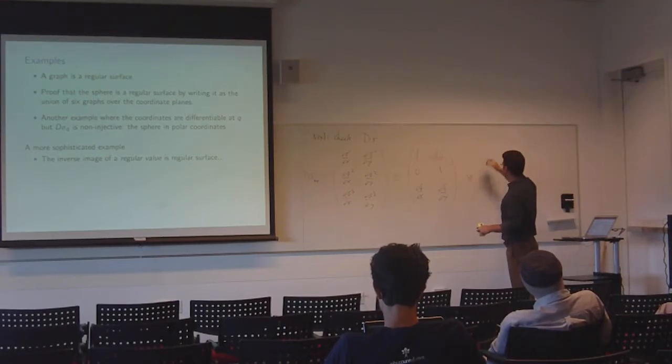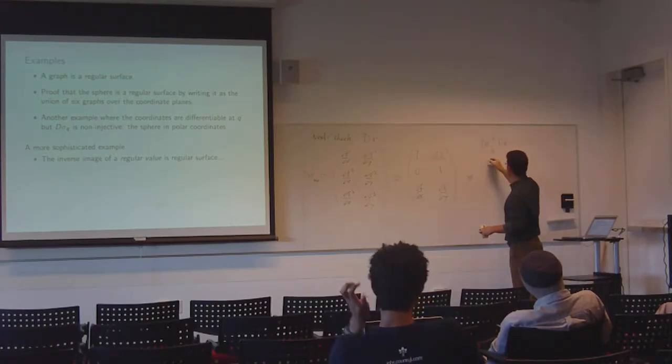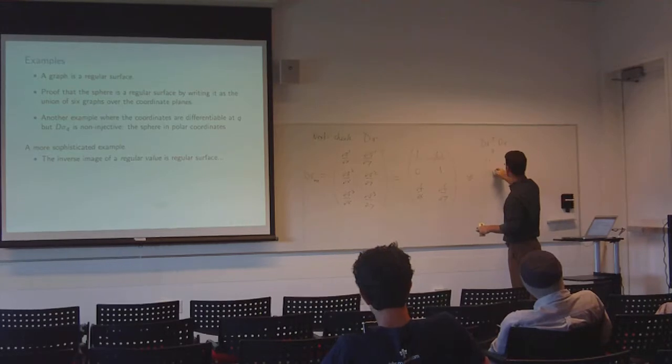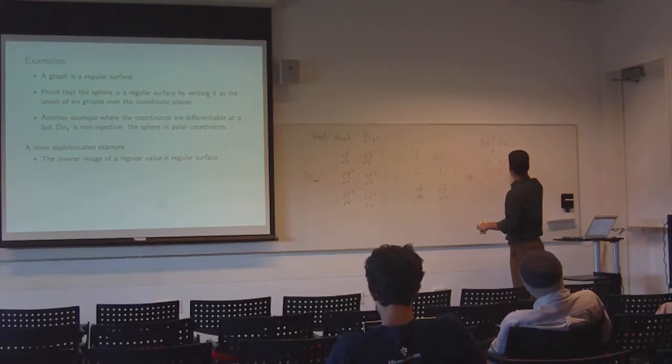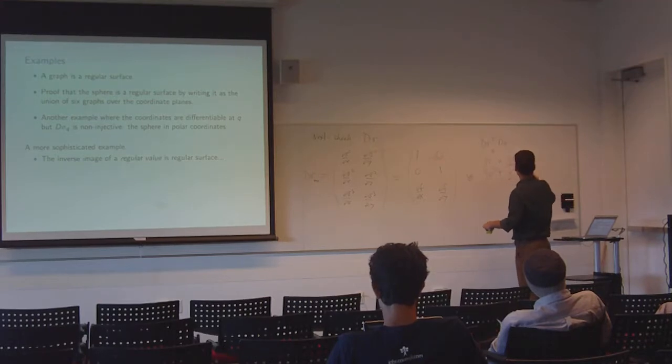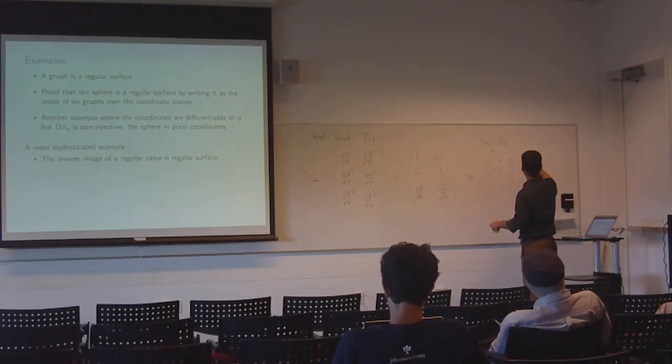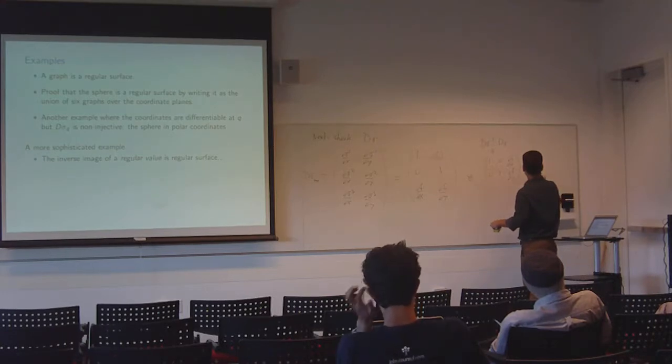Okay, so we want to compute this d sigma transpose times d sigma. That's now equal to, let's make sure these are correct: 1, 0, df by dx; 0, 1, df by dy; multiplied by 1, 0; 0, 1; df dx, df dy.